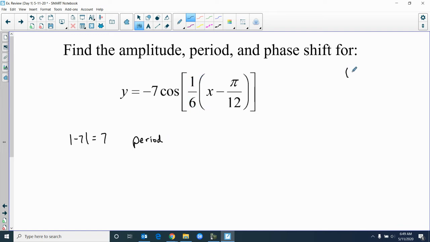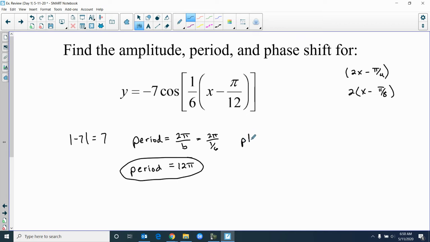So if it's in the form of 2x minus pi over 4, you have to factor the 2 out, okay, and then make it pi, because that's going to change your phase shift. But this one's already factored out, and the period is 2 pi over b, b being the 1/6. So this is 2 pi divided by 1/6, which is going to be 12 pi. So that's our period.